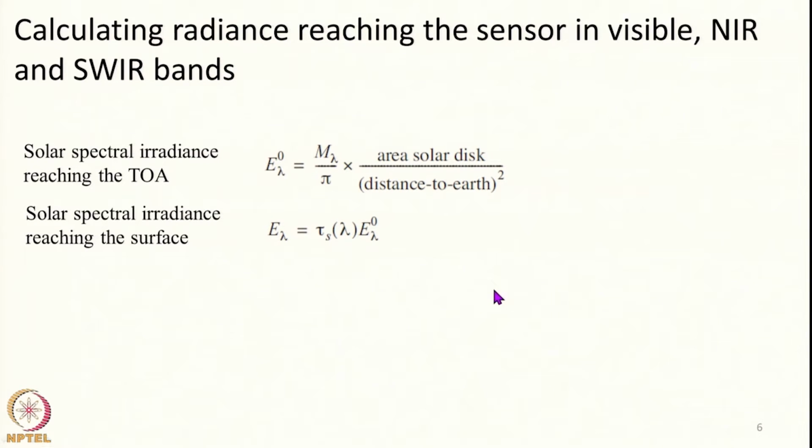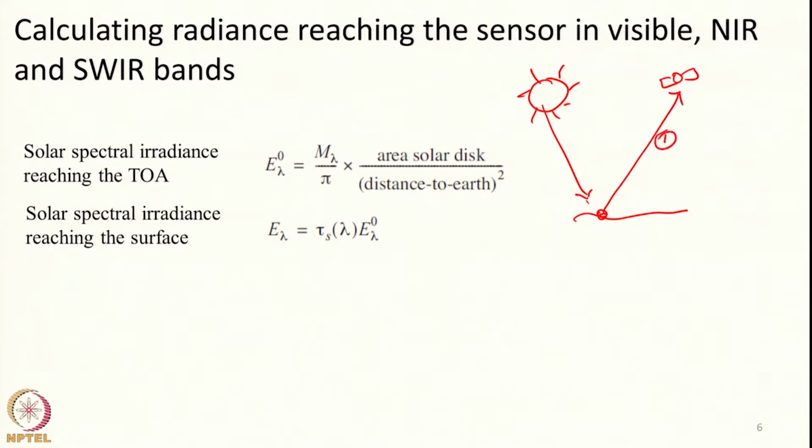In shorter wavelengths, we know the sun is the primary source of energy, solar radiation is coming in and interacting with the object of our interest. This is the sensor, so this will reach. This is path 1, and the diffuse skylight component present here is path 2, and this diffuse skylight reaching the target and going towards the sensor is path 3. So, we are going to calculate these 3 paths now.